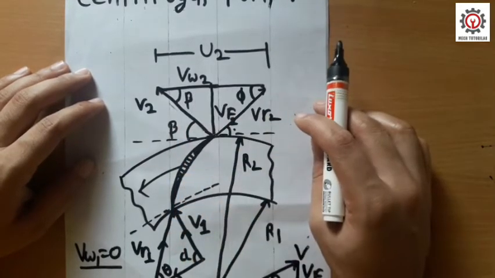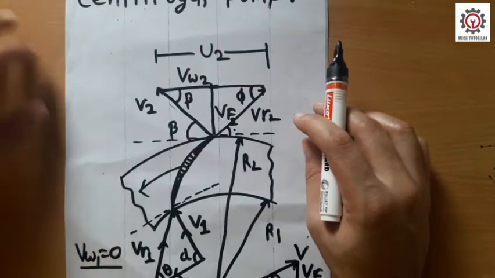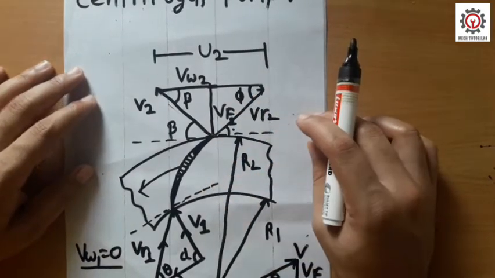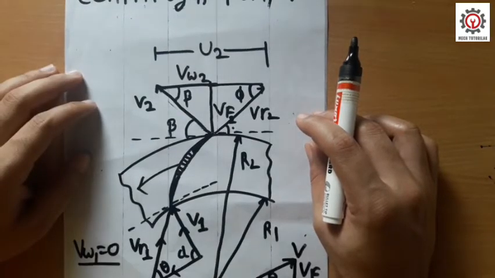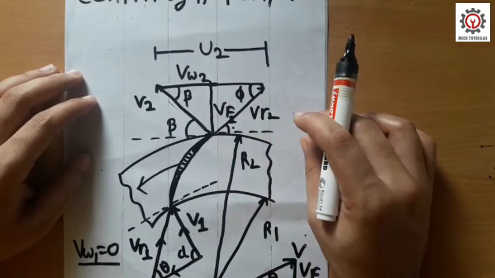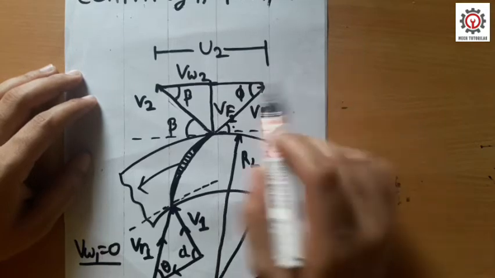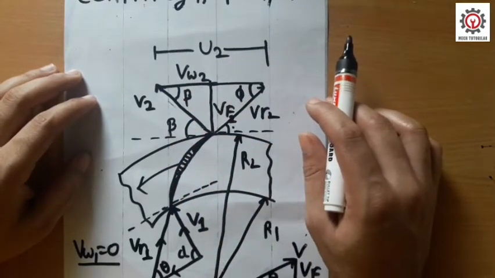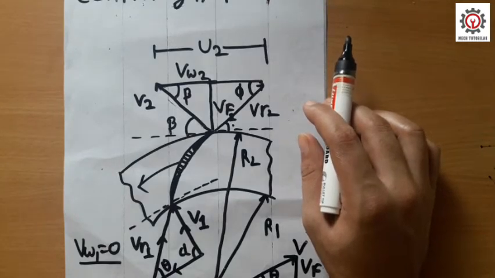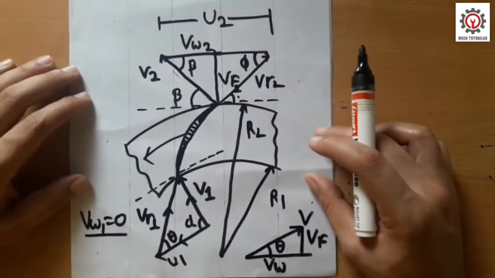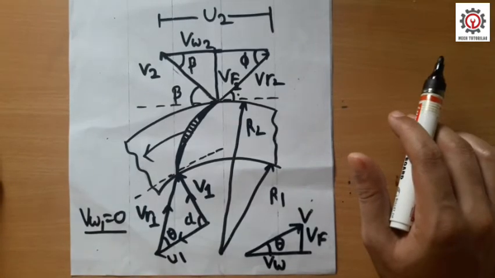VW2 is the tangential component of the absolute velocity of water at outlet. VF2 is the vertical component of the absolute velocity at outlet. VR2 is the relative velocity of water at outlet, and U2 is the tangential velocity of the impeller at outlet. So this is all about the velocity triangle of a centrifugal pump.